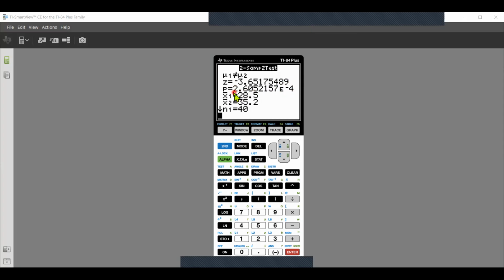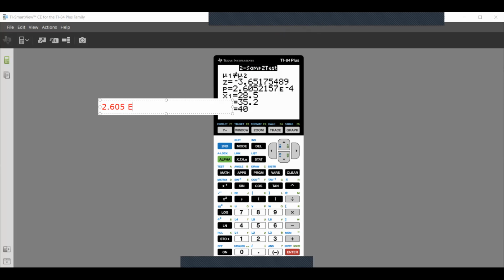So your p-value here is actually, let me put it up on the screen here. This is 2.605, and we're doing e to the negative 4.